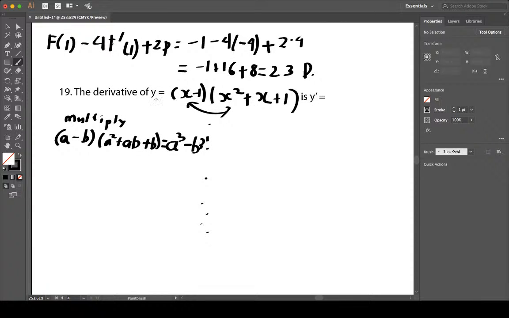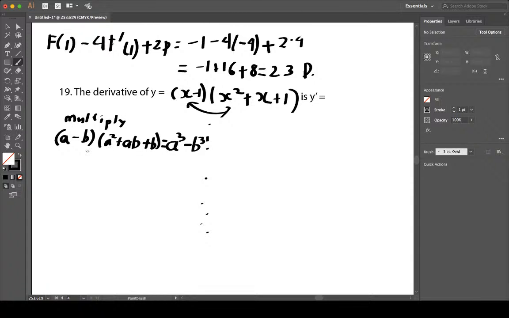If you want to multiply this, it is just this guy multiplied by this guy, and so on. You can just simply multiply it like that. With this, the a here is x, the b here is 1.